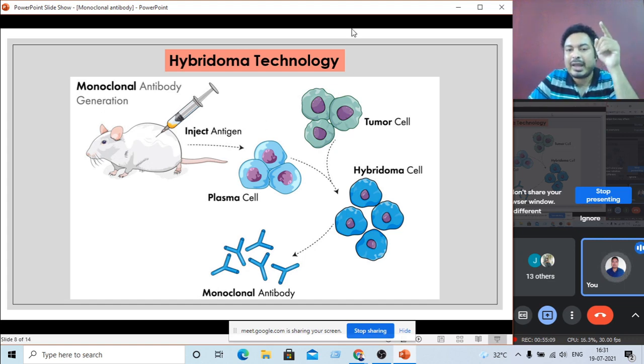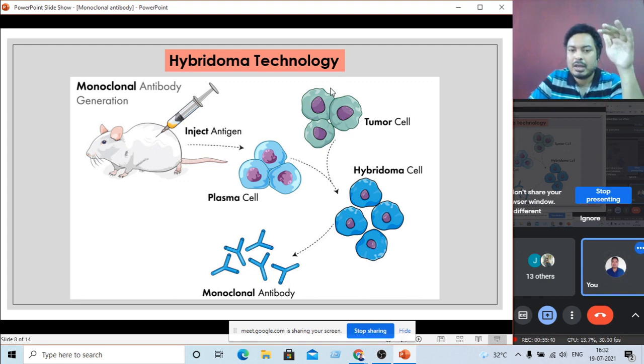This mechanism is blocked by only one molecule, called aminopterin. So in the HAT medium, the aminopterin molecule is here. Because of the presence of aminopterin in the HAT medium, it gets inside all the non-hybridoma tumor cells, and then it blocks the synthesis of nucleic acid inside these cells.